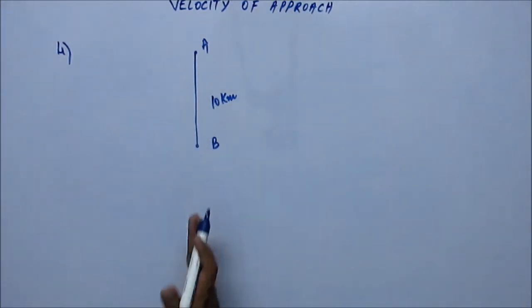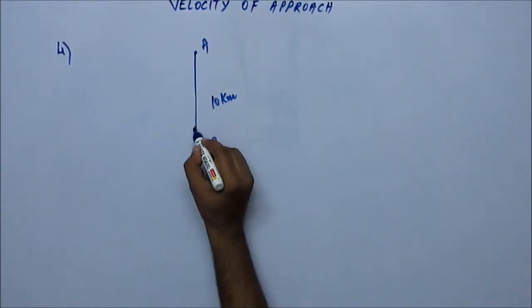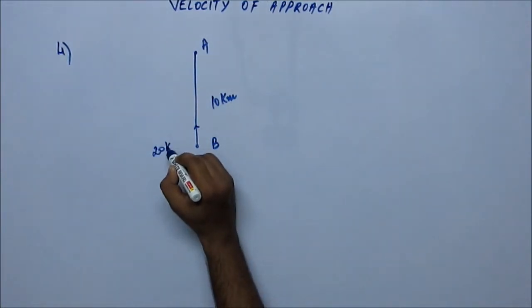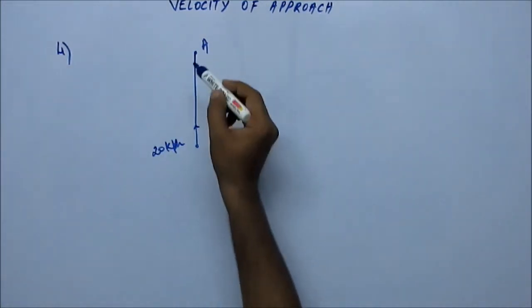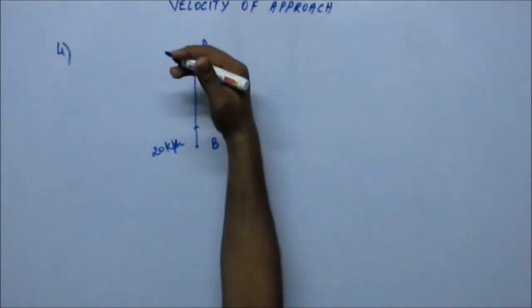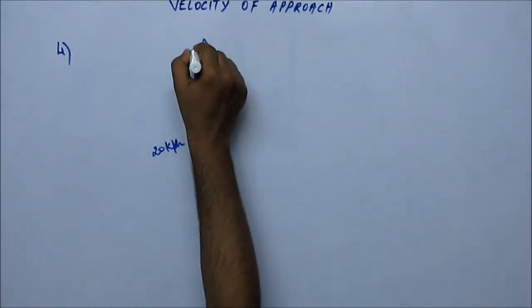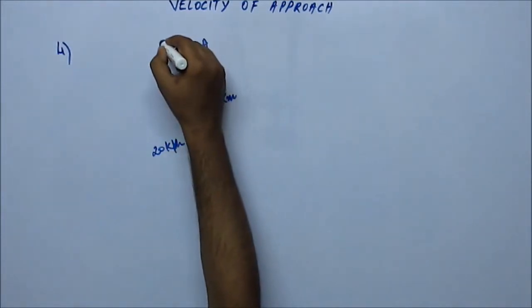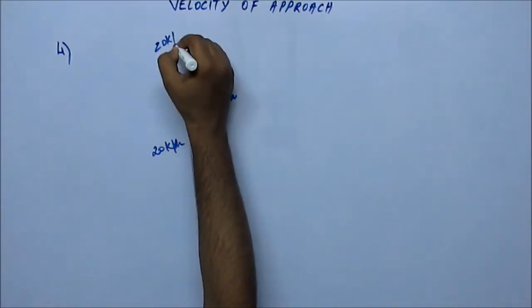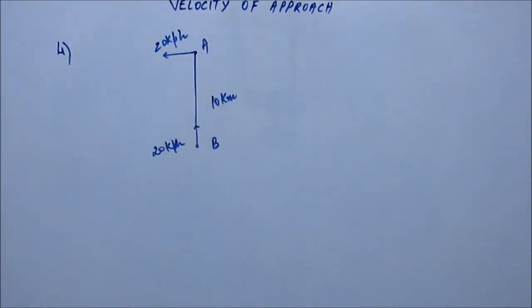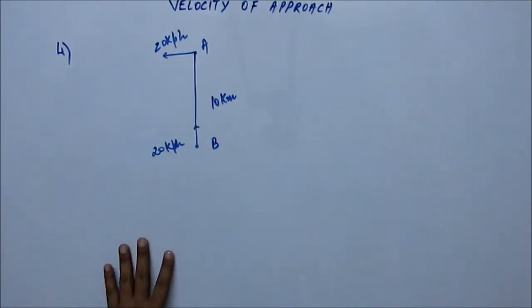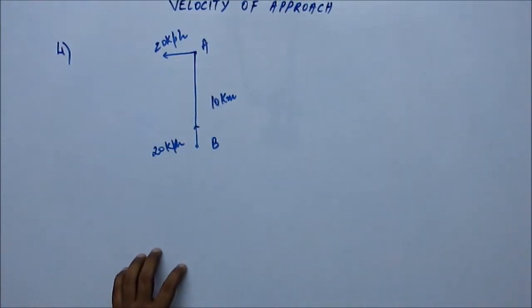The truck at B goes straight along this line with a speed of 20 km per hour, and the truck at A goes towards west straight with a constant speed of 20 km per hour. Now you have to find the minimum distance between the truck at A and the truck at B during their course of journey. Try and use the concept of velocity of approach in this problem, like we have done in the third method of the previous problem.